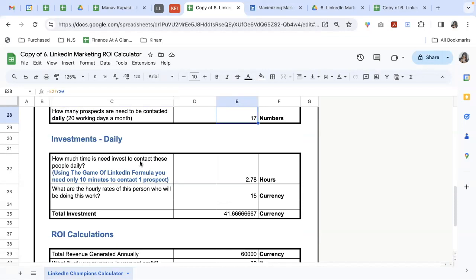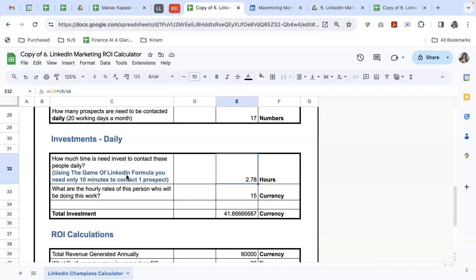But if you have every swipe file that you need, that is, the groundwork is completely done, it is going to take 10 minutes. In case it is not 10 minutes but 15 minutes, you can change the formula over here. For now, let us take it as 10 minutes to reach out to one contact and make a meaningful connection.